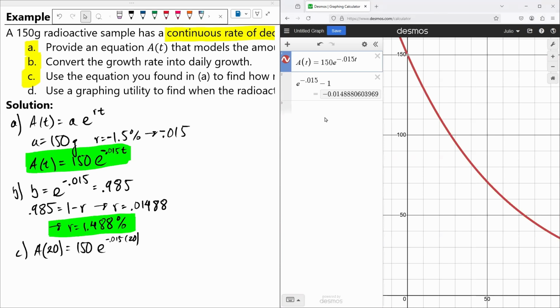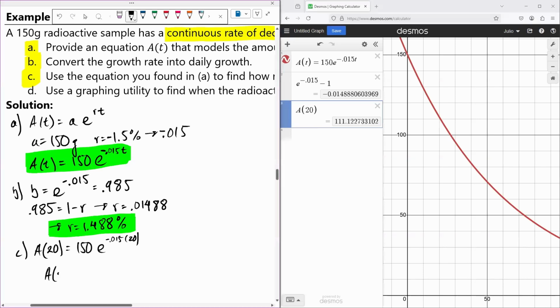And then I can do A of 20. A of 20 is equal to 111.123 grams. So that's how much of the radioactive stuff we have left after 20 days.